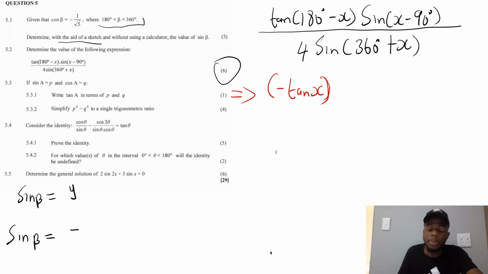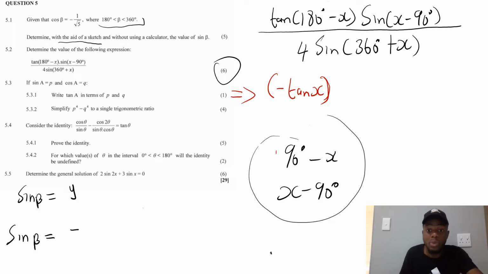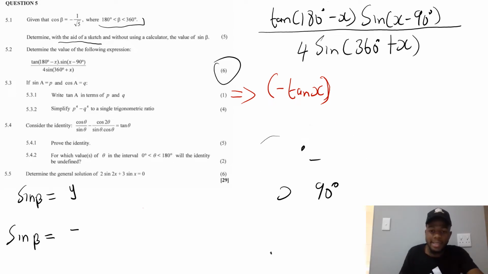I know a lot of people will make a mistake here, because we have 90 degrees minus x, which is for quadrant number 1, and we have x minus 90 degrees. These are not the same thing, so you need to differentiate them. So x minus 90 degrees is in quadrant number 4, meaning that sine will produce a negative result.